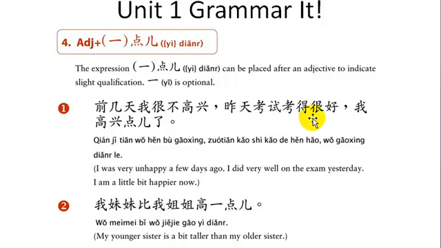Yesterday, I did very well on the exam, so I'm a little happier. And you see the 了 is here because there's been a change in their state of happiness. They were unhappy, but now they're happy. 我妹妹比我姐姐高一点儿. So my younger sister is a little taller than my older sister.